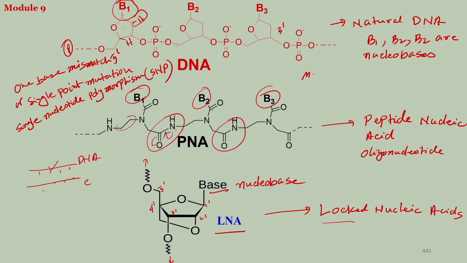So, basically if you calculate the melting temperature or melting point, if you have a DNA double helix, and if you have a DNA PNA double helix, the DNA PNA double helix has a much higher melting temperature compared to DNA. Similarly, this again has a much higher melting temperature compared to a PNA double helix.